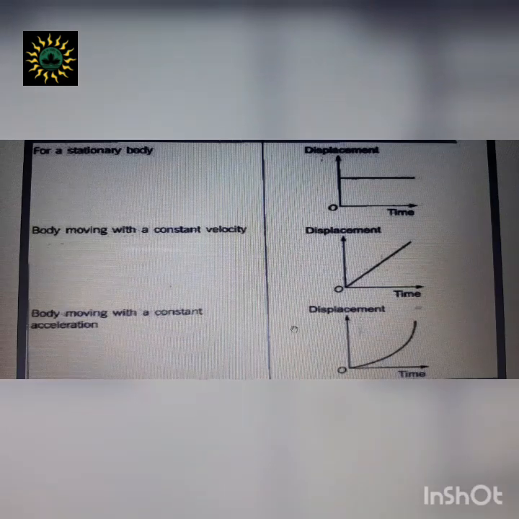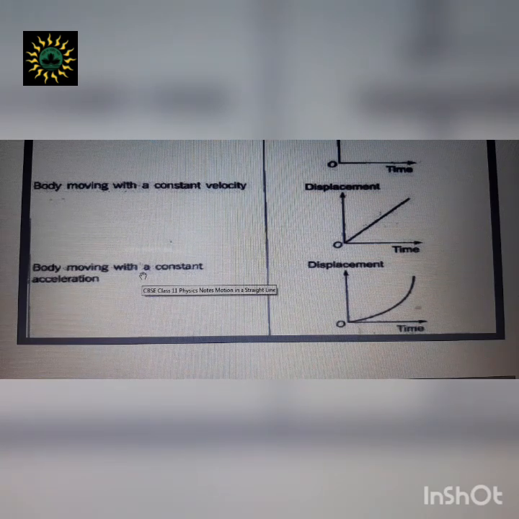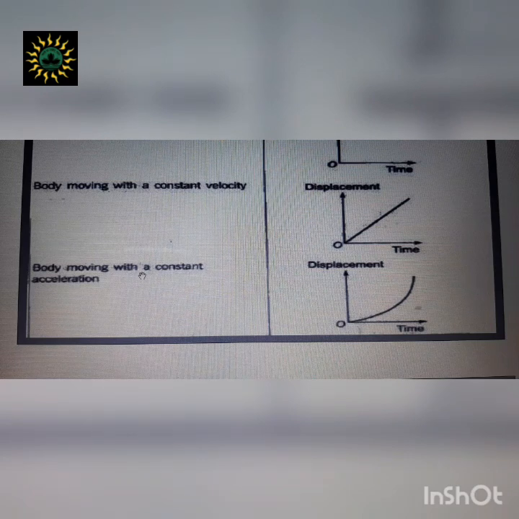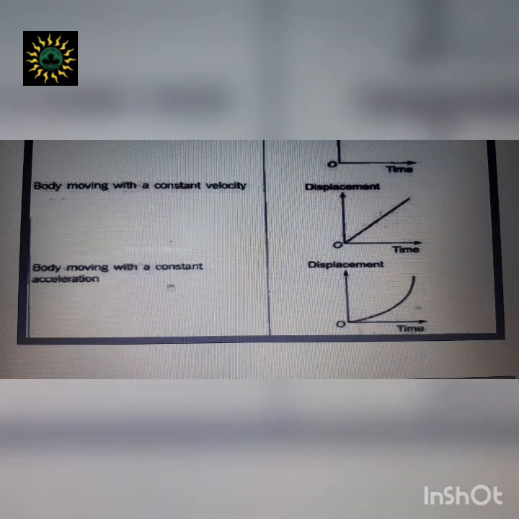Another case, when there is acceleration. We already know that displacement s is equal to ut plus half at square. You know this equation. Suppose the initial velocity of the body is 0. So in that case you will get the equation s is equal to half at square. Now half a is a constant, so basically s is dependent on t square.